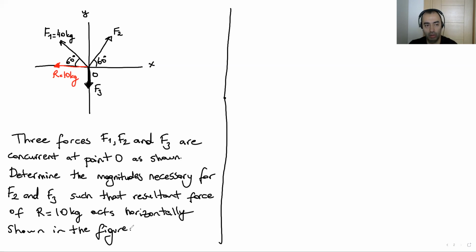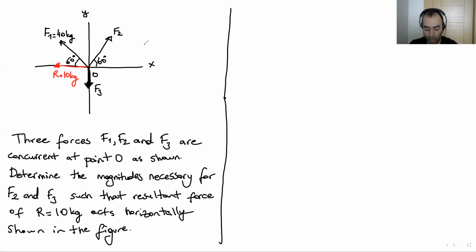We have a resultant force, R. If we combine the X component of all these three forces, we are gonna get the X component of R. Likewise, if we combine the Y components, we are gonna get the Y component of the resultant force. Okay, let's do this.